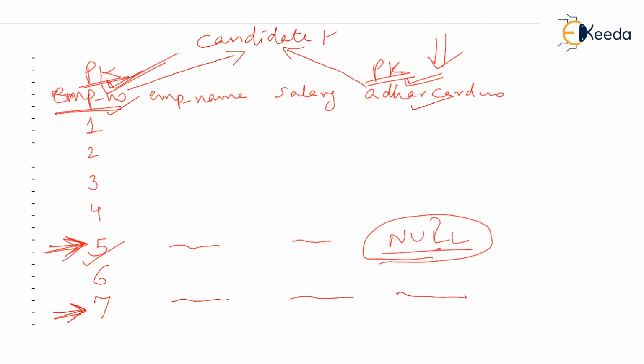Very interesting. Why? Because both are contesting election, it seems. Employee number is shouting that I want to be primary key. Aadhaar card number is also shouting that I want to be primary key. Both are candidates contesting elections, and one of them is going to win the election.